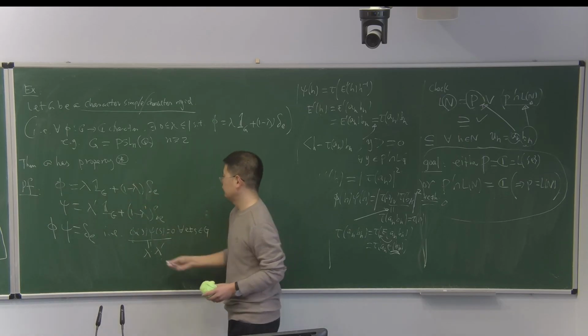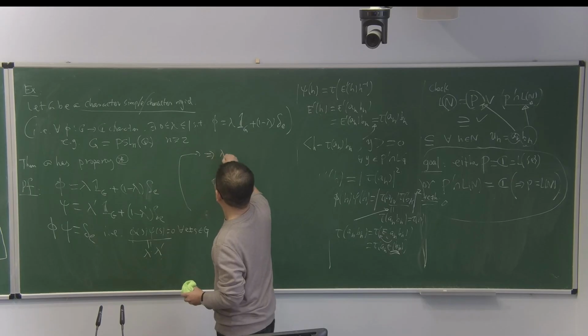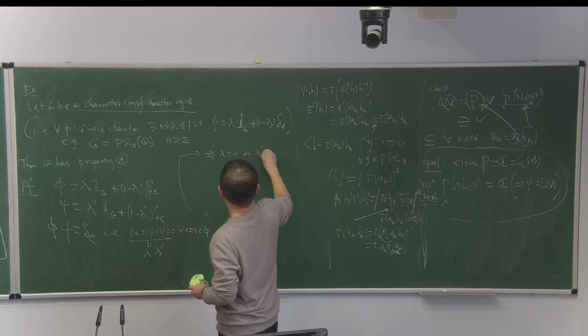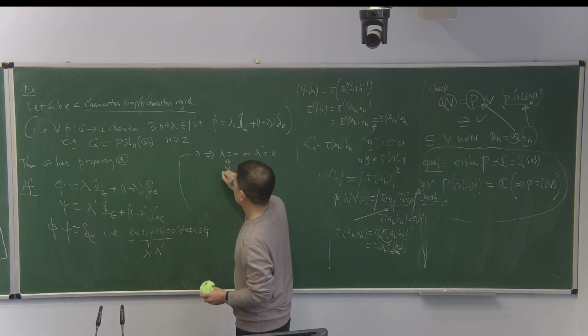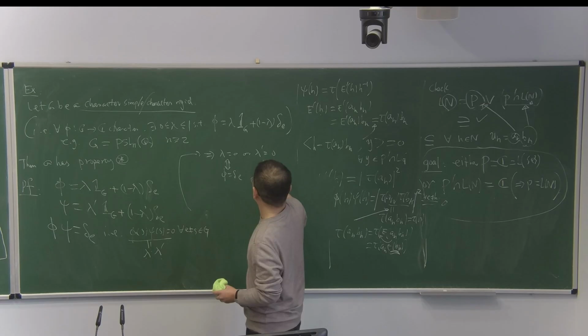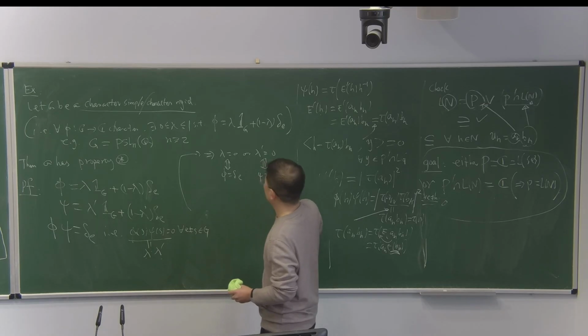So one of them is 0. But now this actually says phi equals delta E, or psi equals delta E.